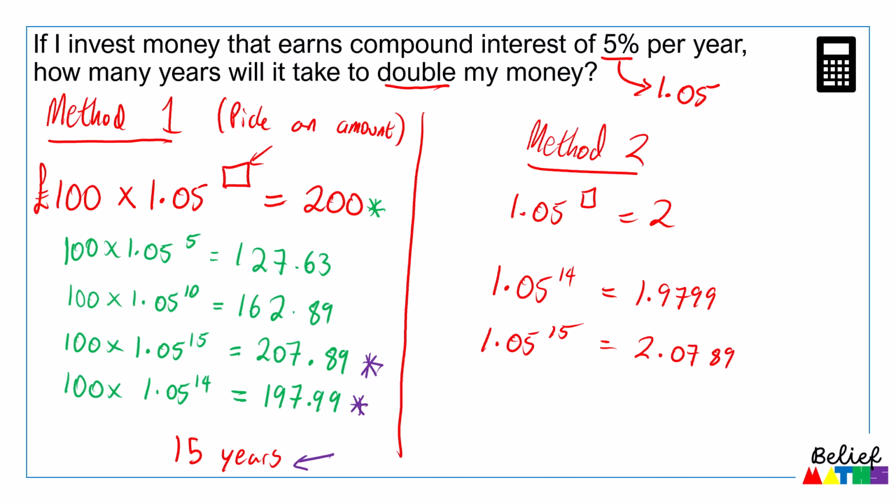And we can see obviously 14, 15, so again it will be 15 years. So we don't have to pick an amount, we can just use our multipliers like we did over here. However, often students prefer to use the context of an amount of money, and it just makes a little bit more sense. So hopefully you found that one helpful.